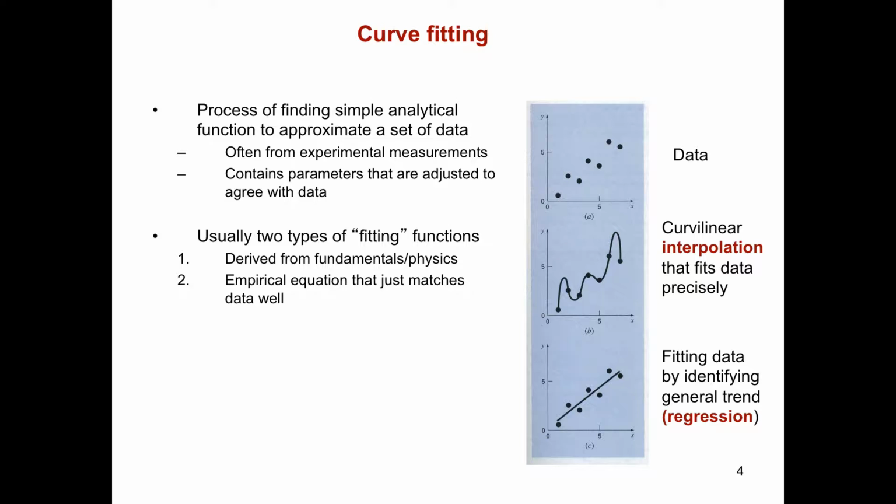Sometimes you will have a functional relationship between the two properties because you derived it using basic physics. But more often than not in subsurface, that relationship is not easy to derive for the most general case. So often you're going backwards. I see the data.